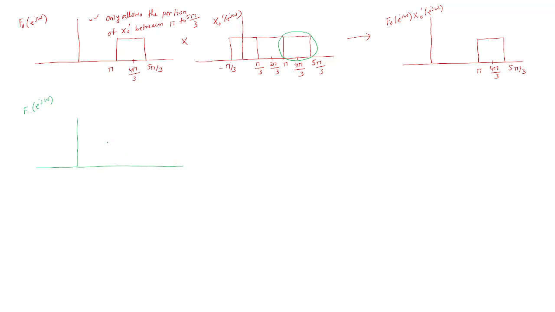If one of z is centered around pi by 3, sorry, 2 pi by 3, and when you pass x1 dash of n through it, whose frequency response is x1 dash of e to the power j omega, whose visual representation is something like this.